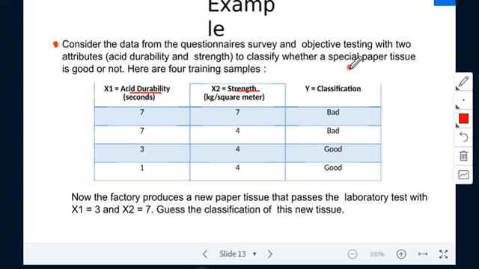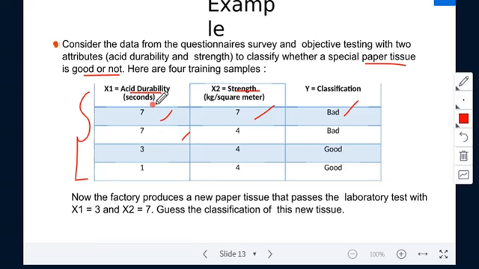So to classify whether a special paper tissue is good or not. Here 4 samples are given: x1, x2. We have 7, 7, which belongs to a class label called bad.